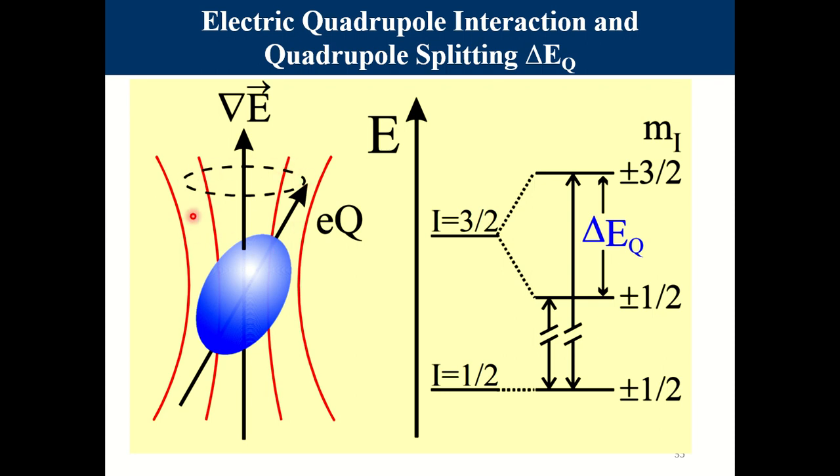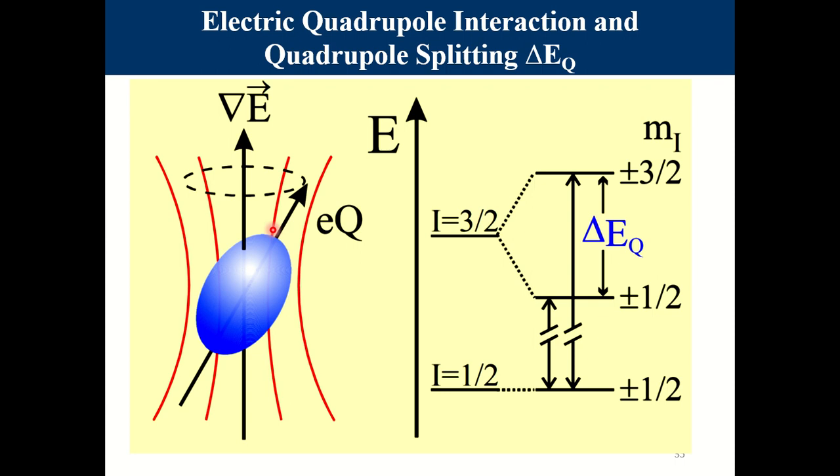This kind of motion is called precessional motion, right? So the quadrupole moment precesses around the electric field gradient tensor that we are talking about. The direction of the tensor is this. Around this tensor, it moves in a circular path, keeping the angle with it constant, and this is what we call precessional motion.